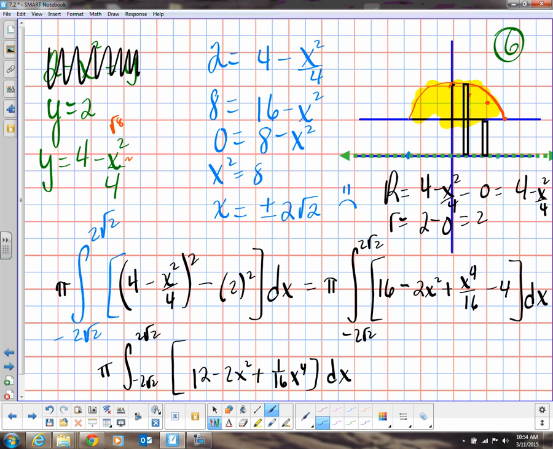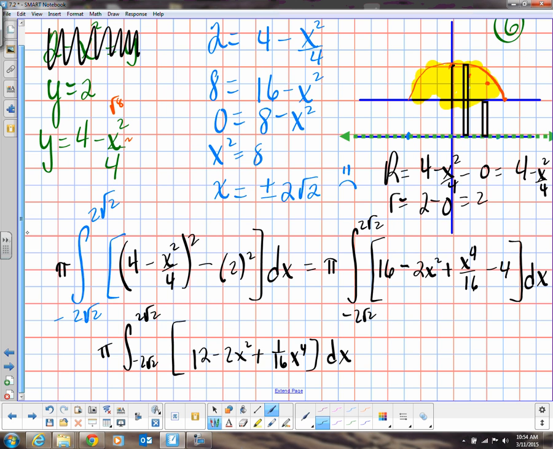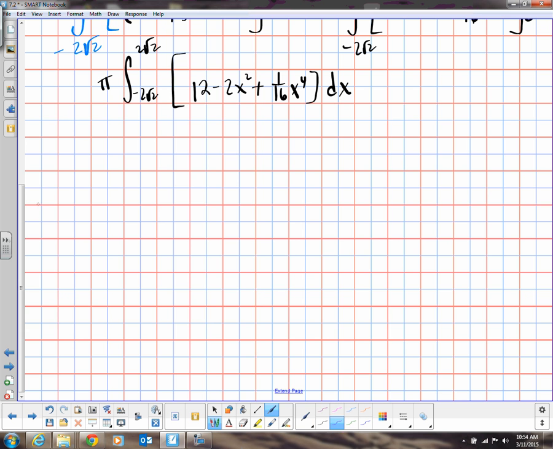Yes. Which one? 5. What did 5 say? Okay, so if I set x squared equal to x to the 5th, I'm going to get 0 equals x to the 5th minus x squared.